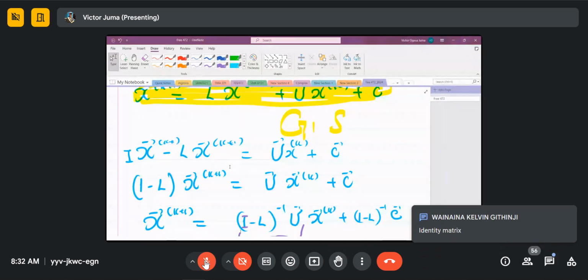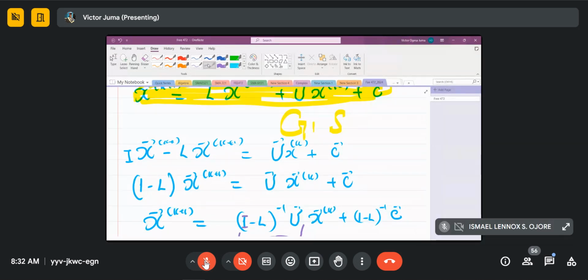Or who knows where I came from? Yeah, I is the identity matrix. So he's asking, where did we get the identity matrix from? Or why did we put the identity matrix? Any trial?